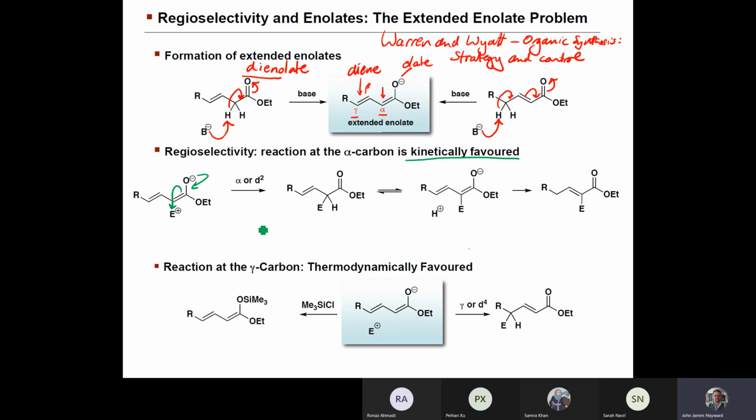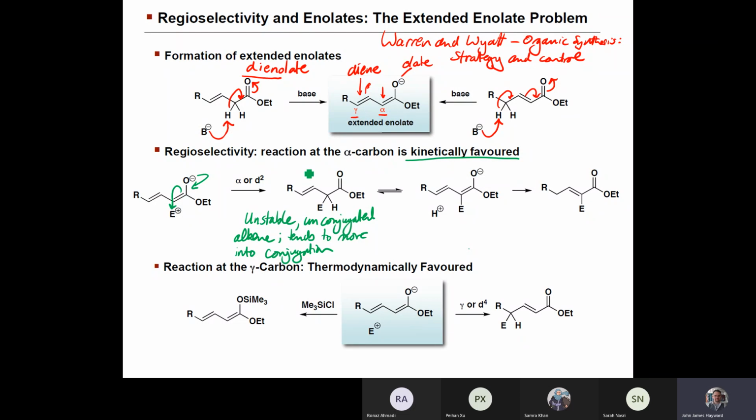Okay. It is an unstable, unconjugated alkene, and it tends to move into conjugation. There are examples where it doesn't, but there's a lot of examples where it does.